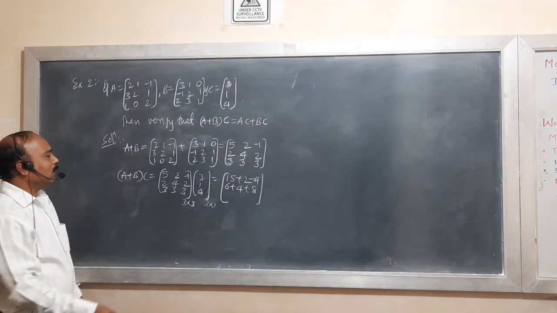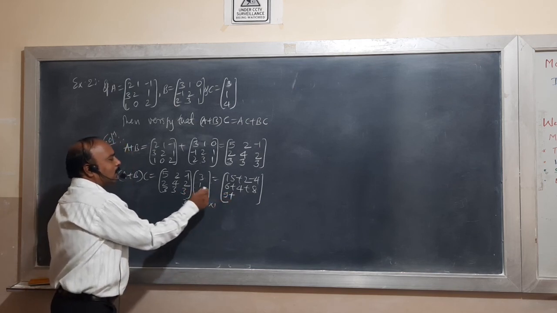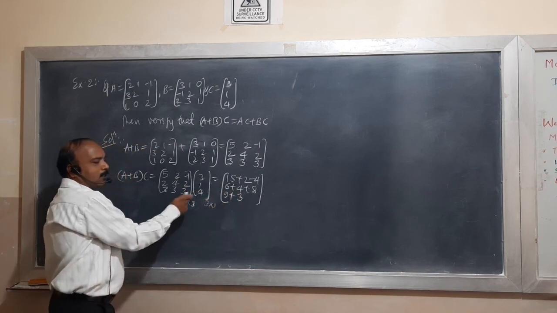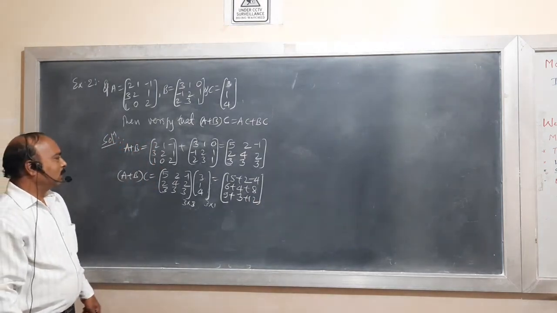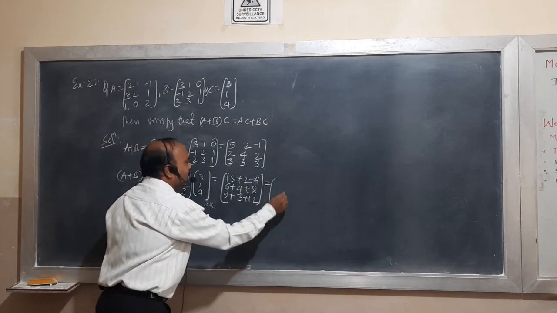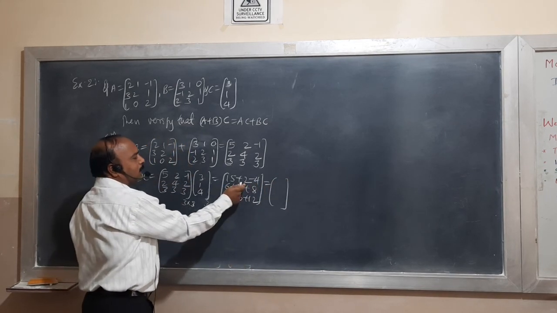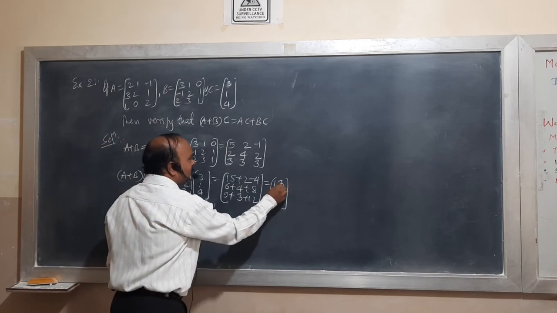Next third row in this column, 3 into 3 is 9, plus 3 into 1 is 3, plus 3 into 4 is 12. Now it is (A + B) C. Simplify this one. It is 15 plus 2, 17. 17 minus 4 is 13.